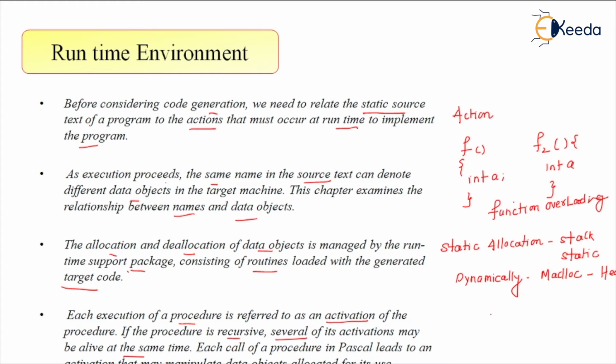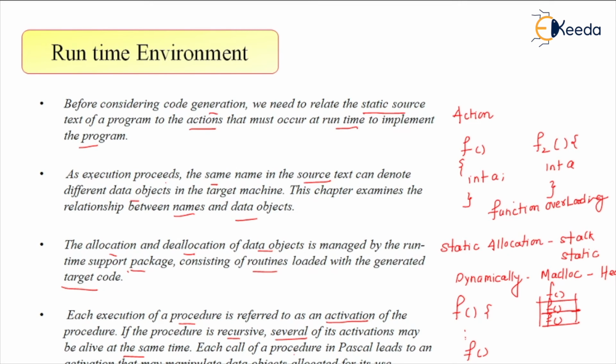If function f has some operation and again calls f, because it is a recursive function, there will be several activations of f. Each call of a procedure in Pascal leads to an activation that may manipulate the data objects allocated for its use.